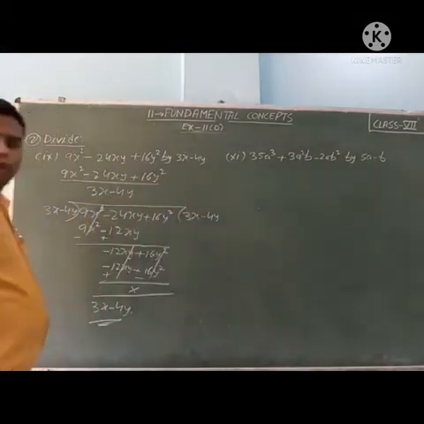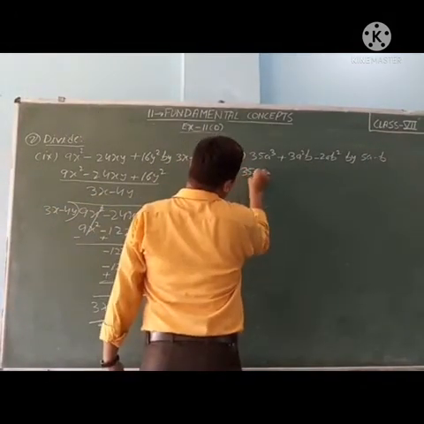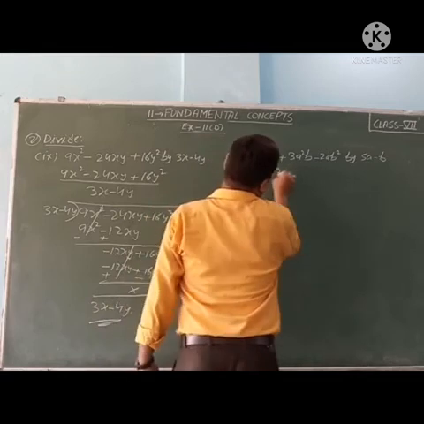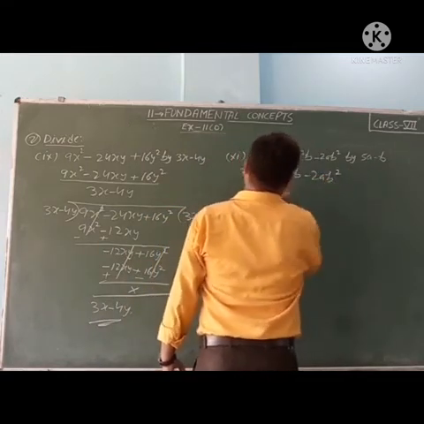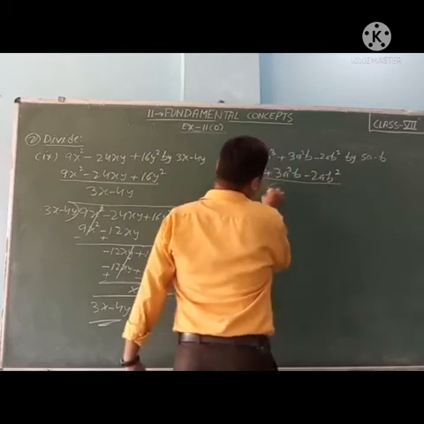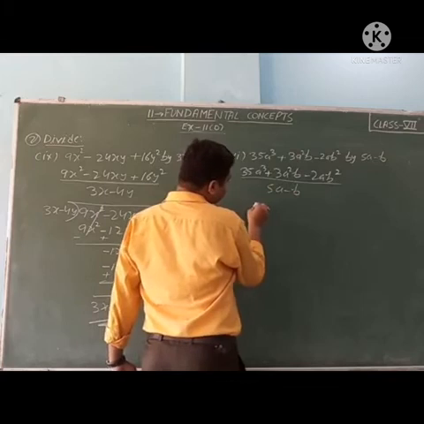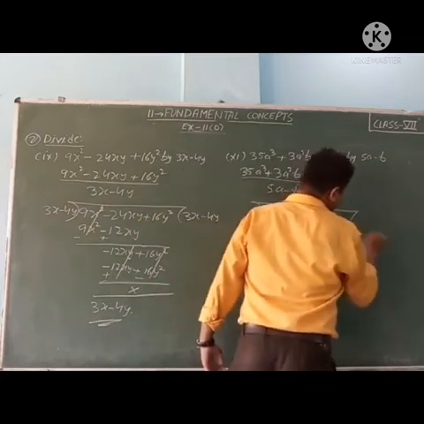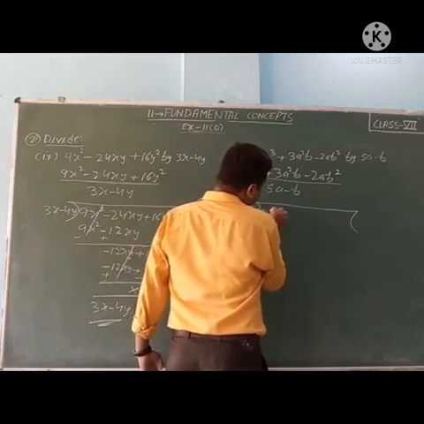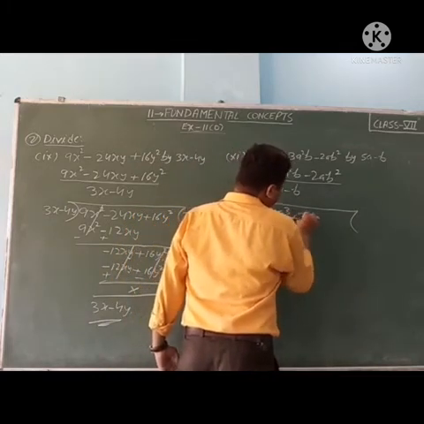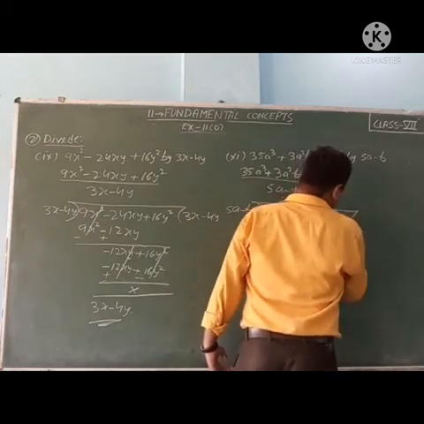Now move to the 11th part. That is 35a cube plus 3a square b minus 2ab square upon 5a minus b. So 5a minus b, then 35a cube plus 3a square b, then minus 2ab square.